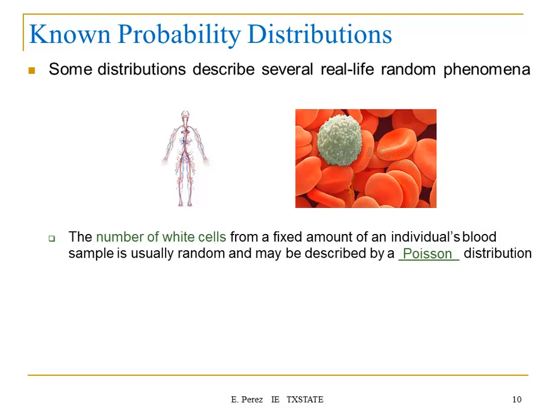This is a more healthcare-type example, but again, this is a counting process, and most counting processes are described using the Poisson. We're going to go over the Poisson distribution later in this class. So again, based on the experiment, you want to model the behavior of the data using a probability model.